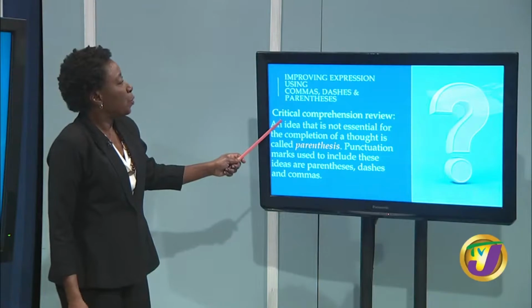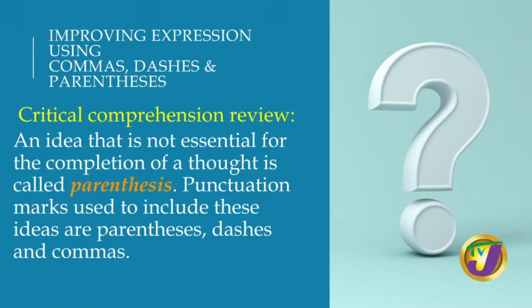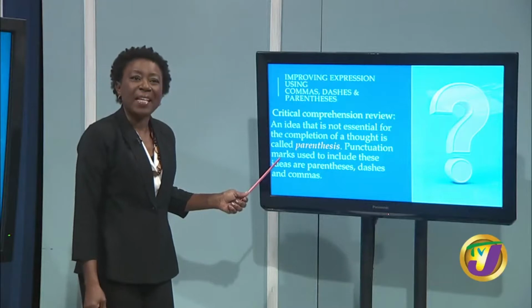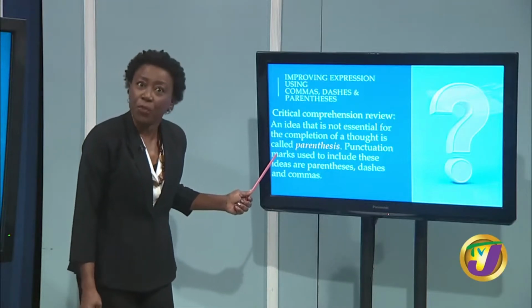So let us review. An idea that is not essential for the completion of a thought is called a parenthesis. Okay then? You insert a parenthesis into a complete thought.